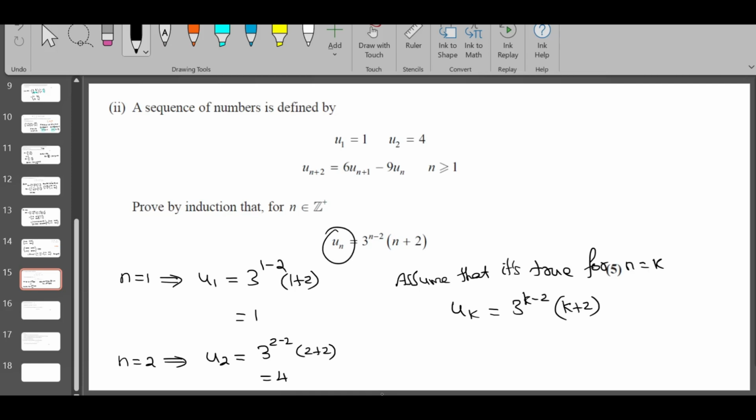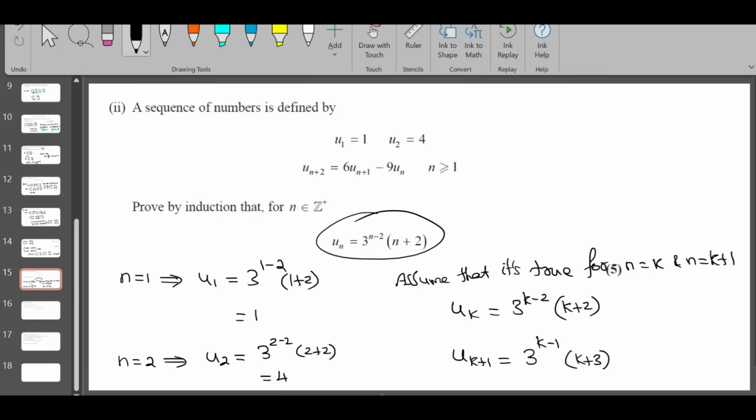So when you put k plus 1, you are only getting uk plus 1, but this is given as, think of it like k, you have uk plus 2. So we are going to make two assumptions here. Assume that it's true for n is equal to k and n is equal to k plus 1 also. So uk plus 1 is, replace n by k plus 1 here, 3 to the power k plus 1 minus 2 is going to be k minus 1, and then k plus 1 plus 2 is k plus 3.